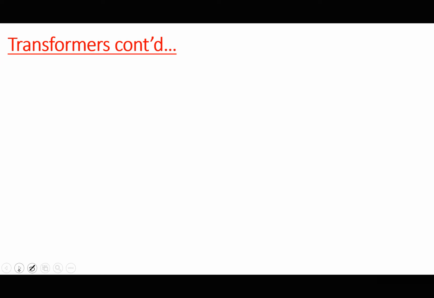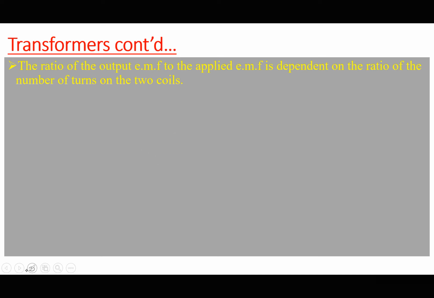Okay, so a few things that we need to note now, having known how a transformer works, are the calculations that could be involved. These are the same calculations you did in IGCSE. So remember we said the input voltage, we called it VP, and the output voltage, we called it VS, because the input in the primary is V primary.